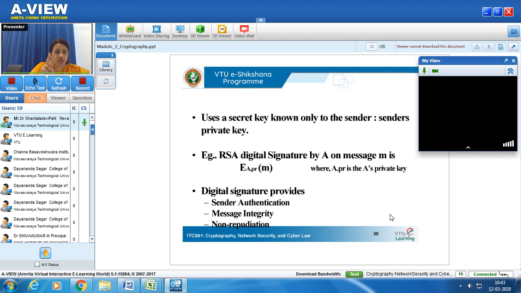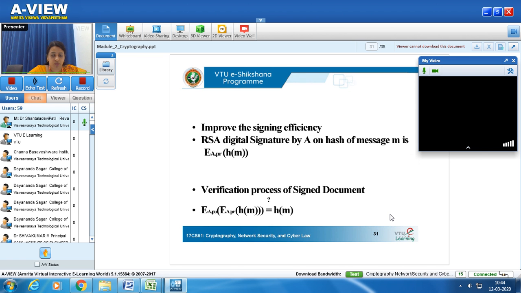Non-repudiation has two types: denial by the source and denial by the destination. Denial by the sender is wherein the sender denies that he has sent a message. Denial by the receiver is wherein the receiver denies that he has received the message. So it should not be possible. These three properties can be achieved with the help of digital signature.